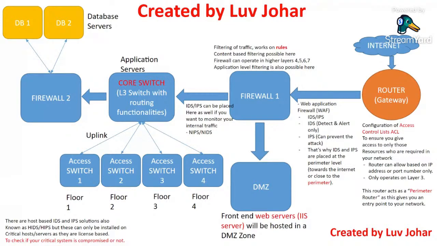So for database servers, since all the data that you have on the front end web servers is kept on the database servers, that's why you have firewall 2. If any hacker wants to access the database server, they have to go through firewall 2 also.